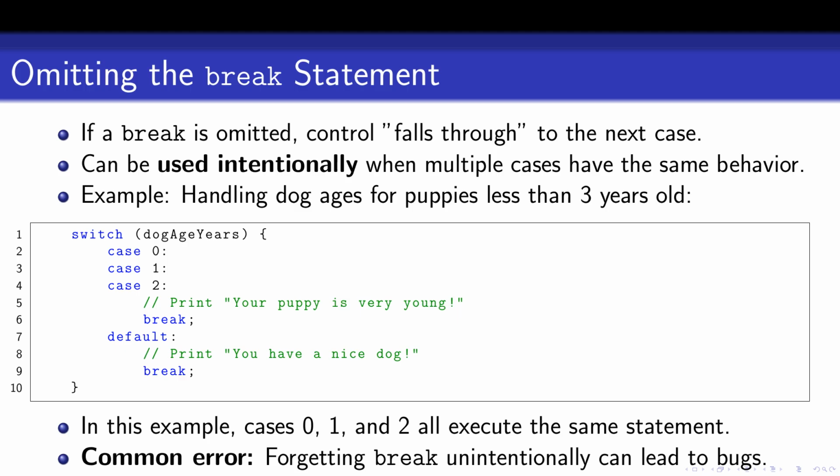Leaving out the break statement causes fall-through, where control flows from one case into the next even if their values don't match. While this can be used intentionally to group multiple cases together, it's a common source of errors. For example, you might want dog ages of 0, 1, and 2 to all print the same message. That's a good use of fall-through.